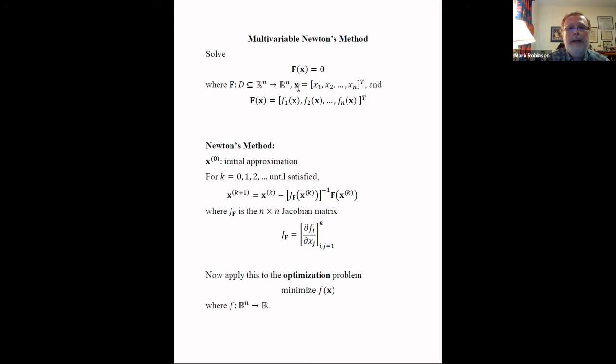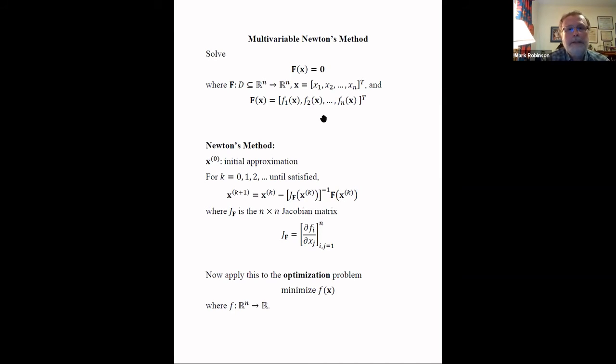The input x is an n-dimensional vector, and the output, f of x, is an n-dimensional vector composed of n component functions, each of which is a scalar valued function of the vector variable. So we have f1, f2, up through fn. And so this vector equation is just mathematical shorthand for a nonlinear system of algebraic equations: f1 of x equals 0, f2 of x equals 0, and so on. And so we're into the problem of solving nonlinear systems of algebraic equations.